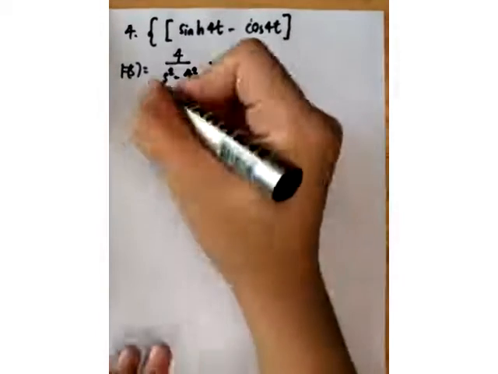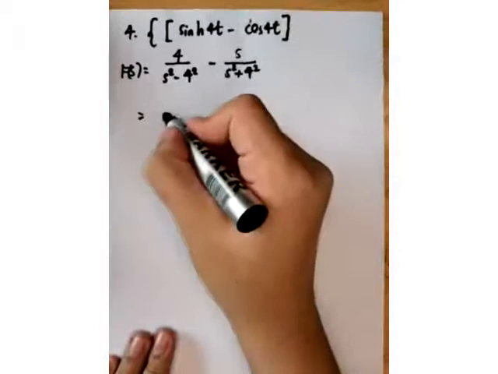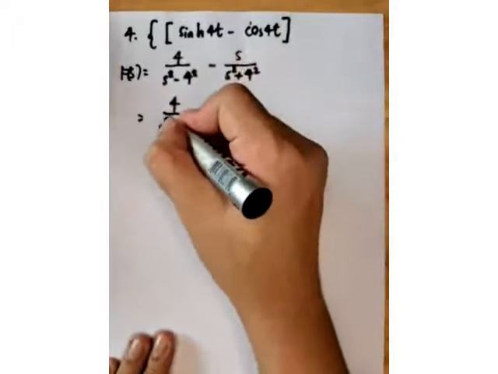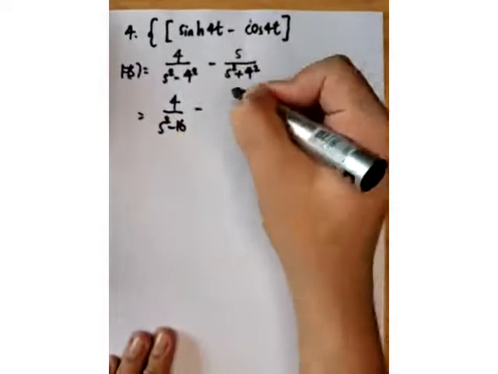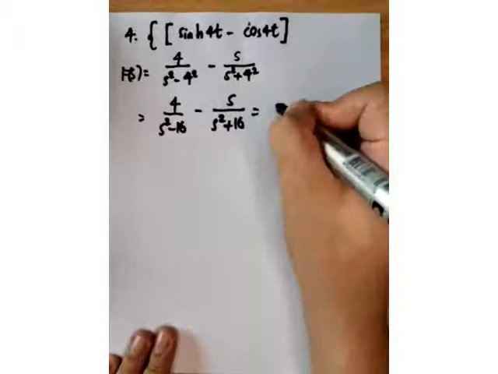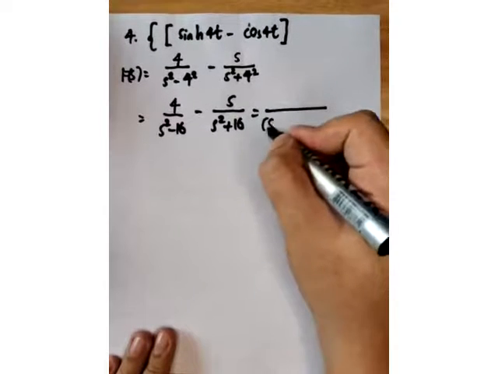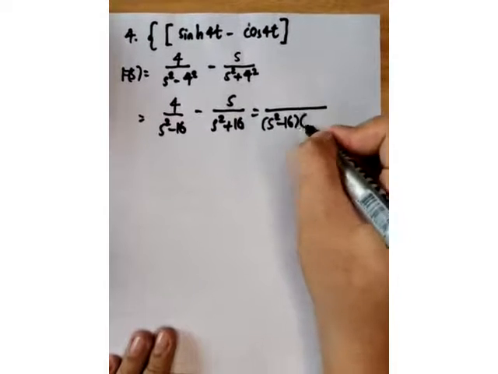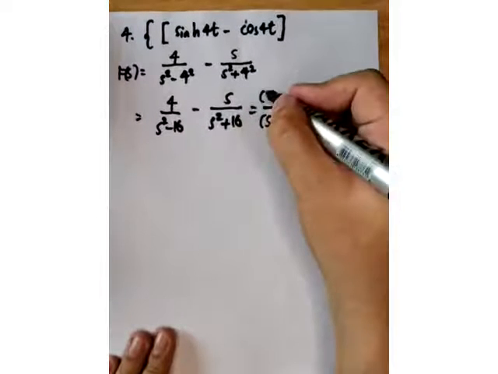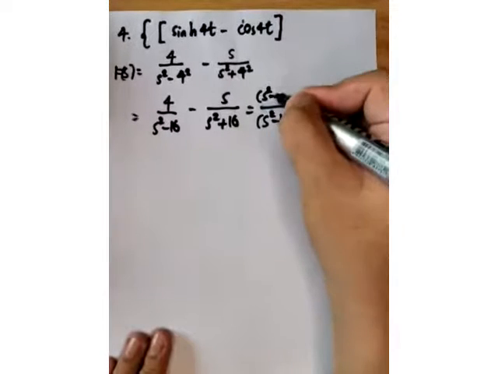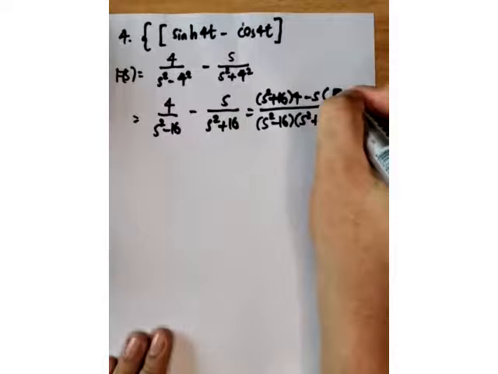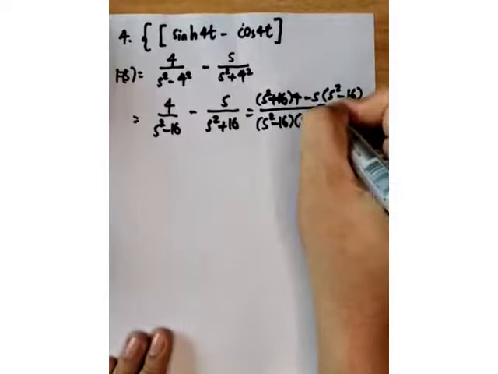So, that will be equal to, so if you will simplify, 4 over s squared minus 16 minus s over s squared plus 16. So, pwede natin itong i-add. So, s squared minus 16 times s squared plus 16. So, ito divided by yun. So, s squared plus 16 times 4 minus s times s squared minus 16.